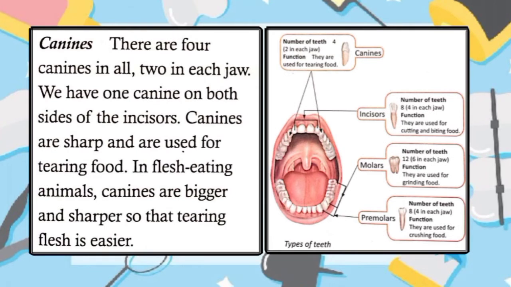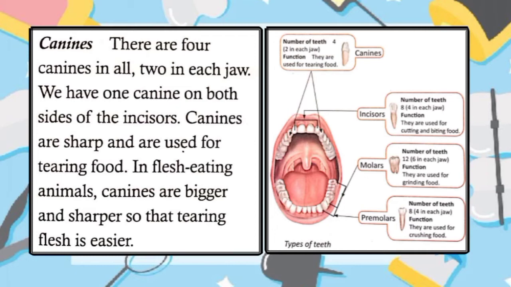Now after incisors, next is canines, which is the second type of teeth. There are 4 canines in all, 2 in the upper jaw and 2 in the lower jaw. We have 1 canine on both sides of the incisors.